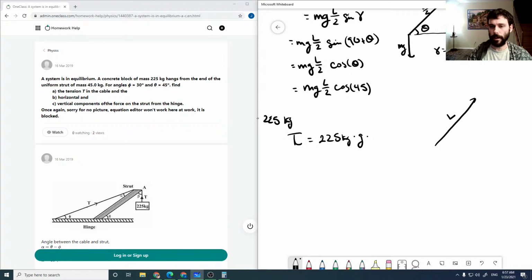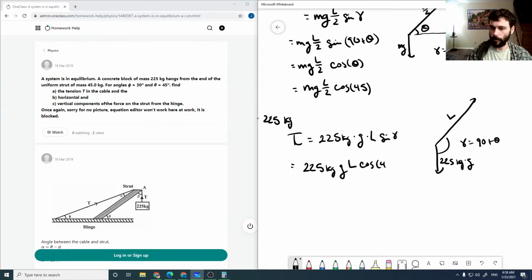It's going to sit at L and sine gamma. So there's our 225 kg times G. And again, this angle is going to be the same as our previous one, so it'll be 90 plus theta. And we know that this is going to give us a cos. So it's pretty much the same.